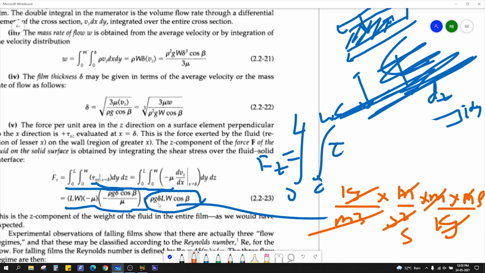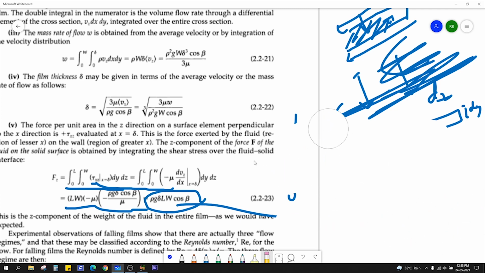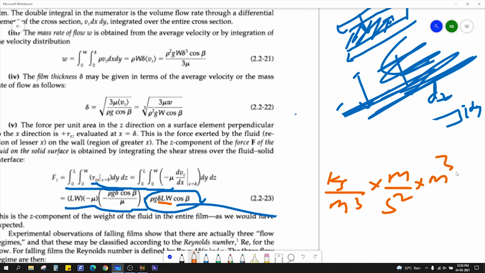I forgot to take L into W. Sorry, there is no viscosity, that was my mistake. So you have density kg per meter cube, into gravity meter per second square, into this term, which is nothing but volume, meter cube, and the dimensionless part cancels out. So it is nothing but kg into meter per second square, that is mass into acceleration, that is force, that is nothing but Newton.